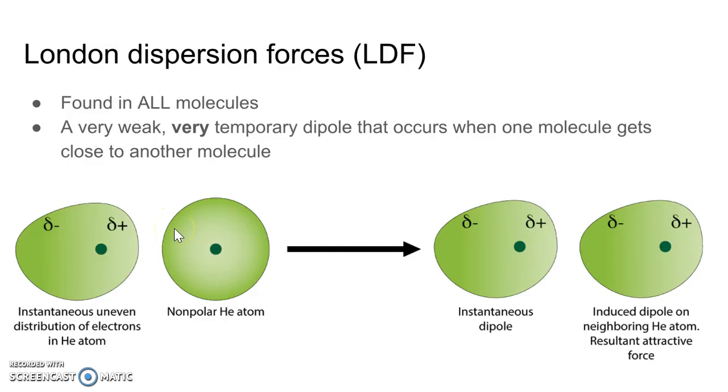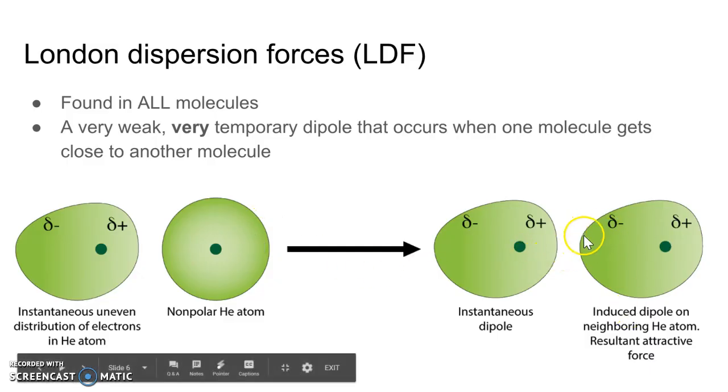So you would end up having some negative charge over here, and then because all the electrons are running over there, there's maybe some partial positive charge over here. Essentially there's an induced dipole on that neighboring atom. It's easier to visualize with one atom, but this also happens with many molecules. Just keep this in mind: it's found in all molecules.